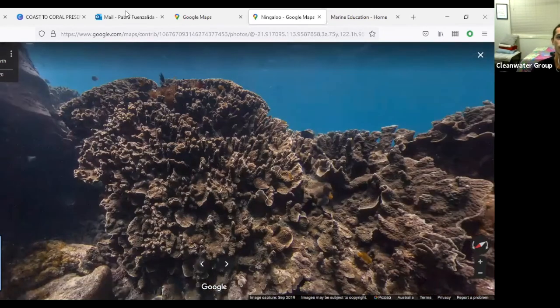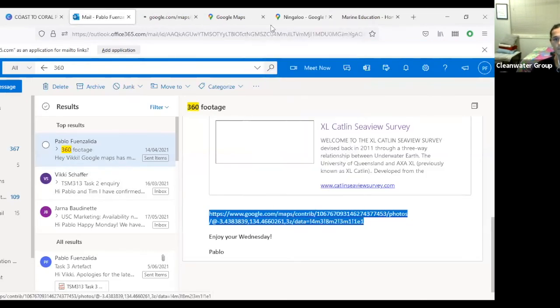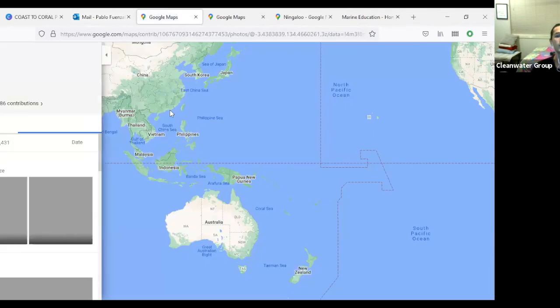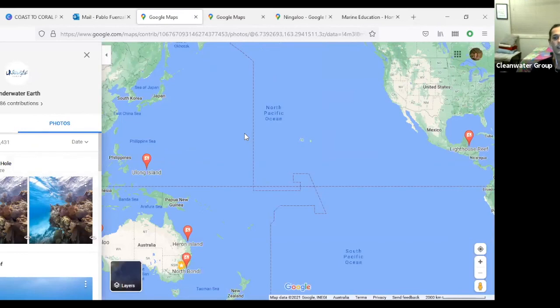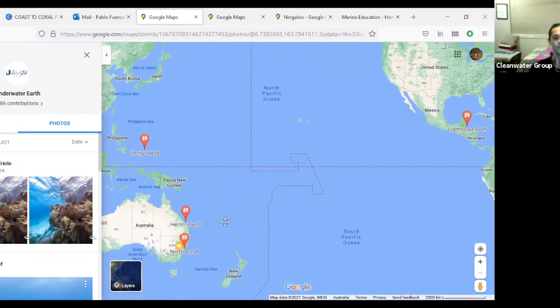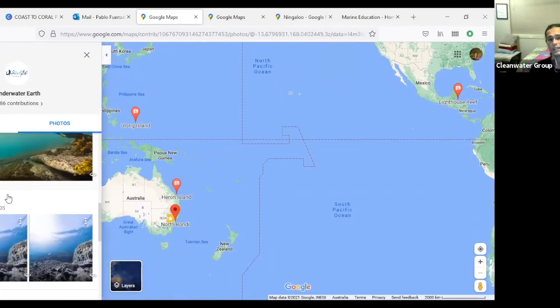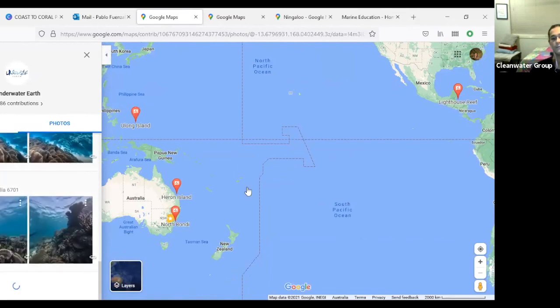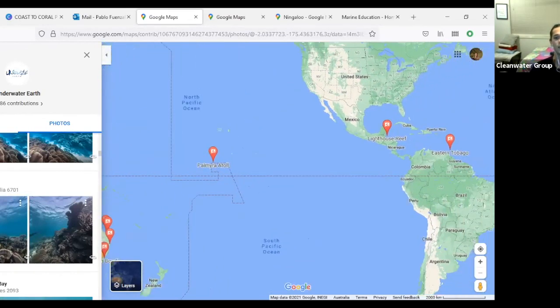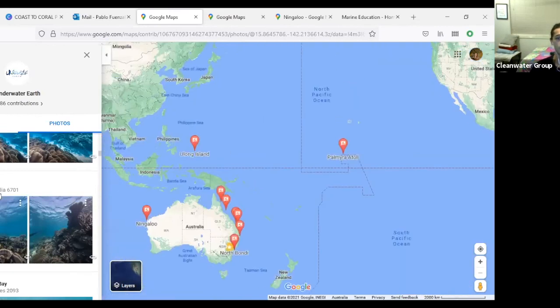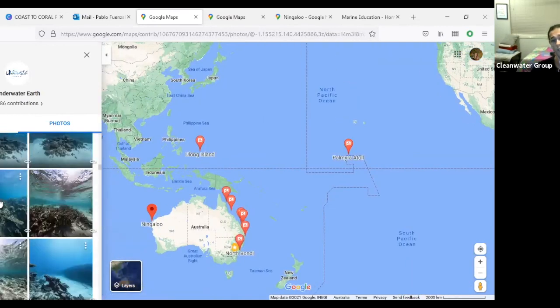There are heaps of different dive sites you can choose from all across the world if you do some research, and heaps of other websites like the XL Catlin Seaview Survey. If you Google them, they give you 360-degree photos and videos of these cool dive sites. There's heaps in Australia, in the Caribbean, in the Coral Triangle. If you like coral, you don't even have to go on the water anymore.